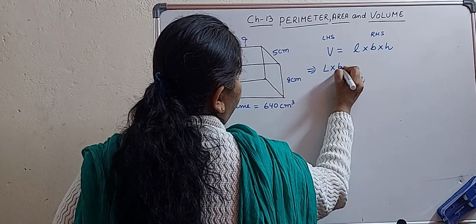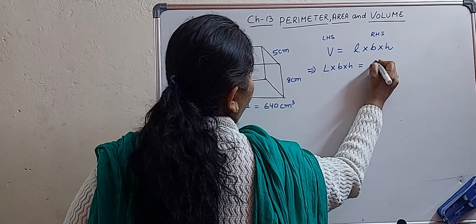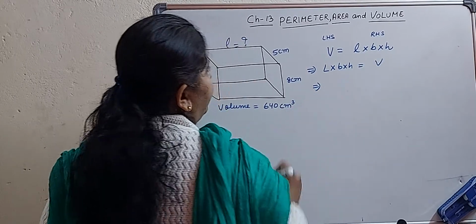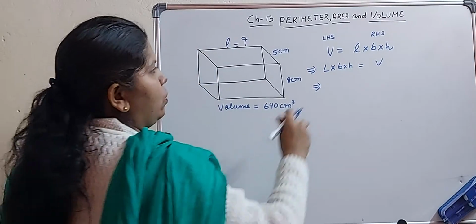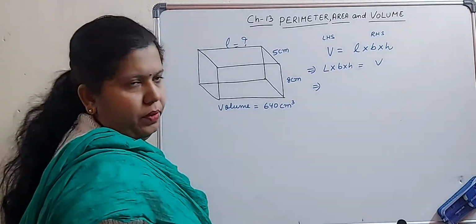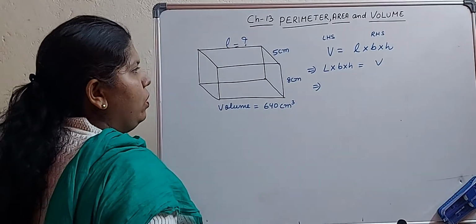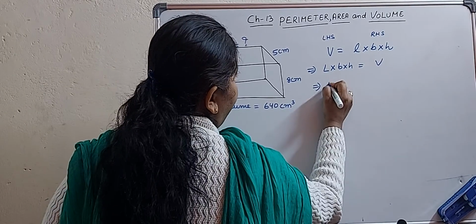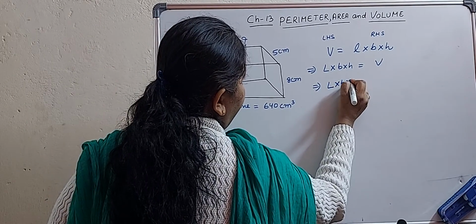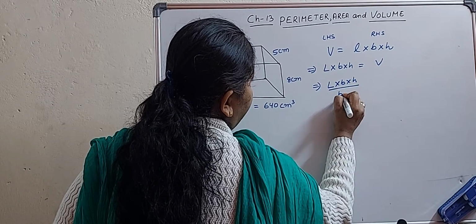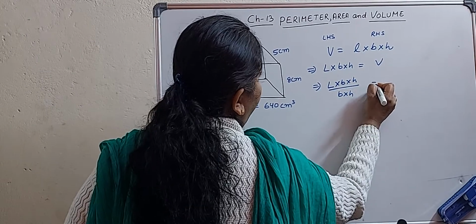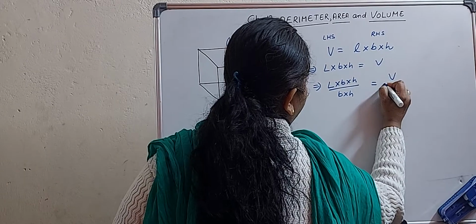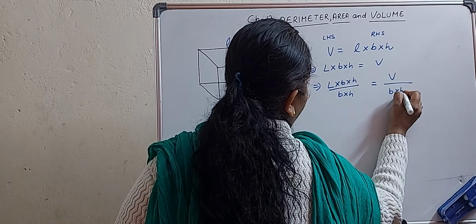L into B into H equal to V. We have to take out L, so B and H we have to remove from here. For that, what we will do? We have to divide B into H in both the sides. So what we will write? L into B into H by B into H equal to V by B into H.